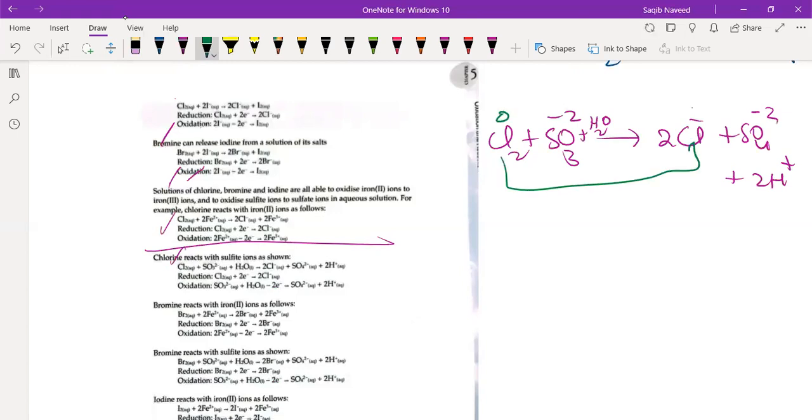What is happening in chlorine? Reduction. That is right, and very confusing. How are you going to check SO3 2- is going to SO4 2-?